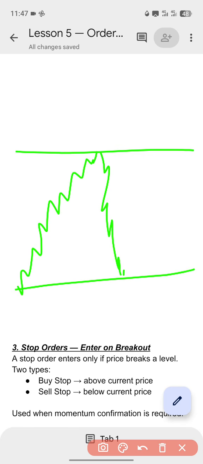Now, if you want to place a buy stop, this is where you place your buy stop, at this level. Let's say BS, buy stop, and this is sell stop.